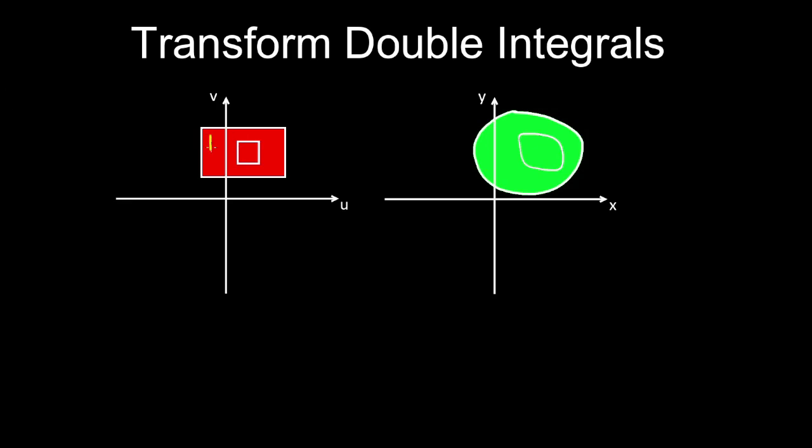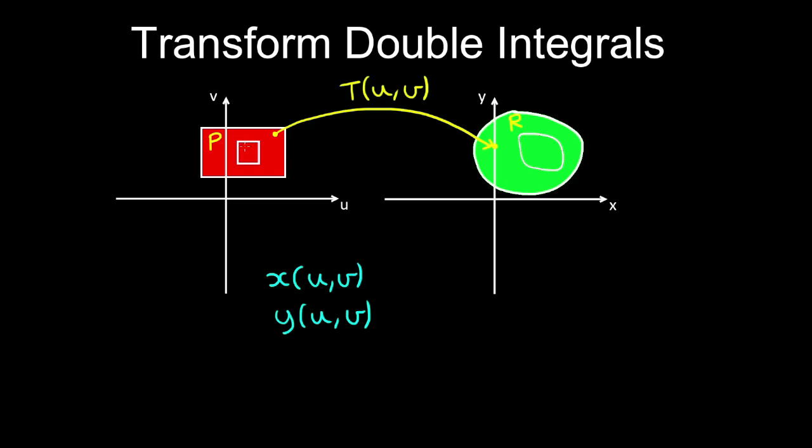Given our region P in the UV plane, to which we applied a one-to-one transformation to map a point in the UV plane to exactly one point in the xy plane, we have the region R being the image of P. We saw that our transformation equations are of the form x as a function of the parameters u and v, and y is also a function of u and v.